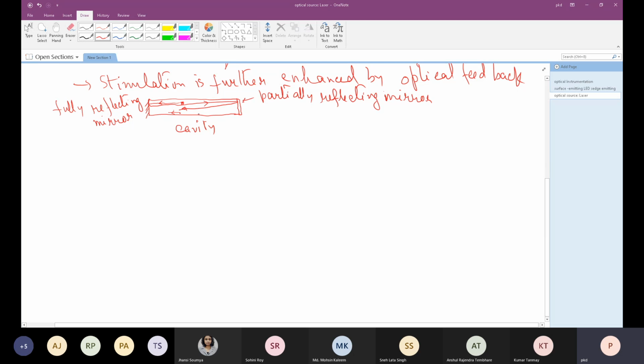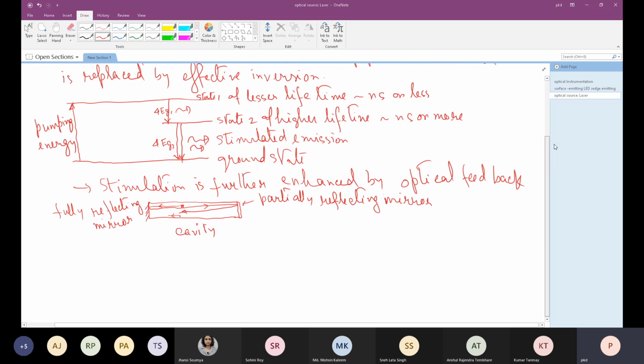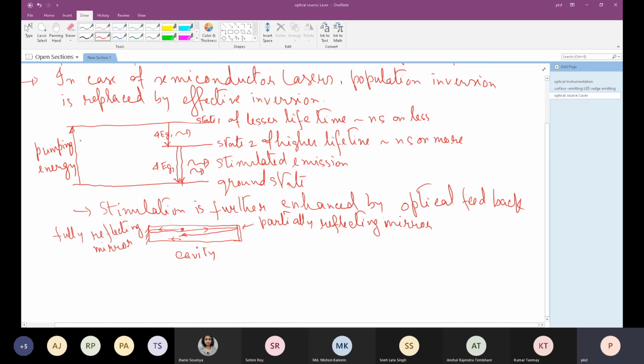So this is a typical gas laser, and this pumping energy can be supplied by optical methods, such as flash lamps, xenon lamps, etc., or by electrical discharge. That is, a high voltage spark is created in a low pressure gas, so there will be emissions.